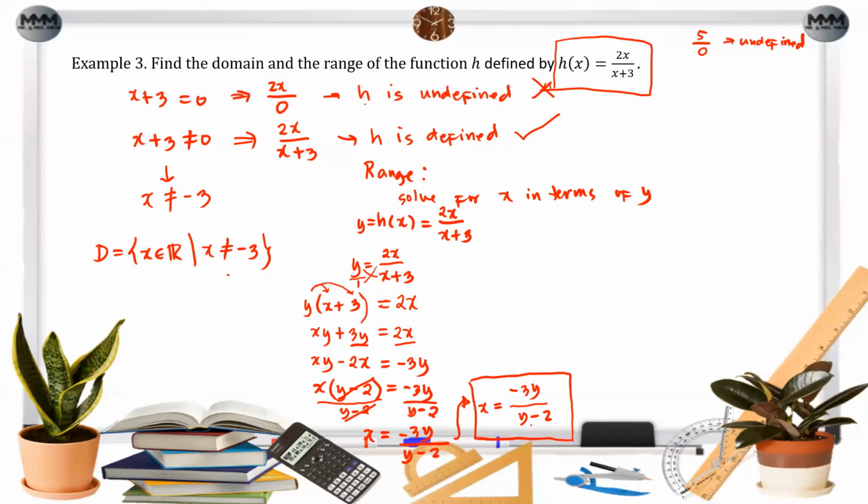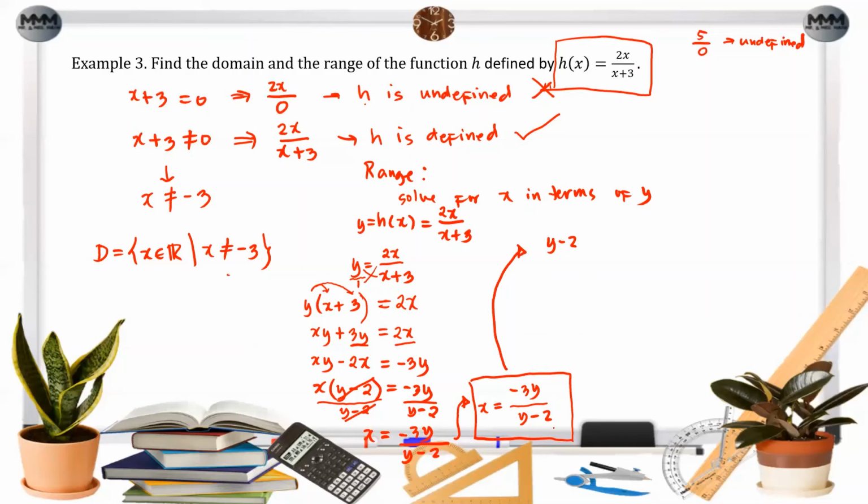To find the range, we will be using the same concept as in our domain. We will be looking at the values of y for which the function is defined. Let's focus on the denominator because we have a fraction.